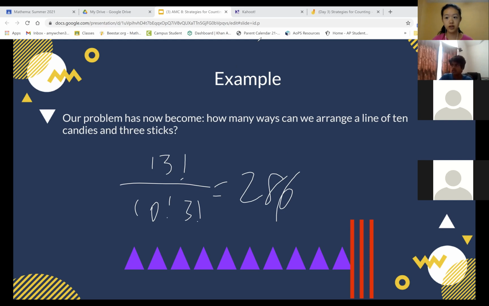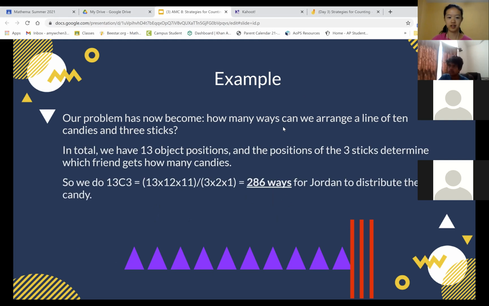If you have 7 people, you wouldn't use 7 sticks. You would use 6 sticks to divide it into 7 groups. Okay. Are there other questions? If not, we're going to move on.